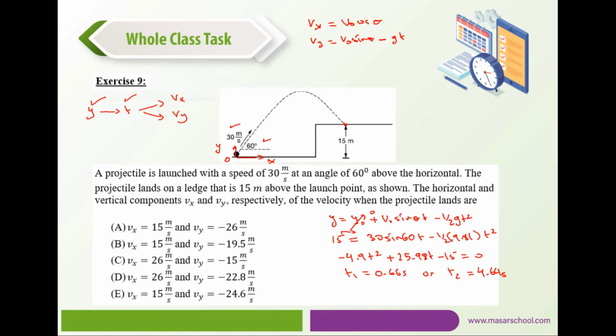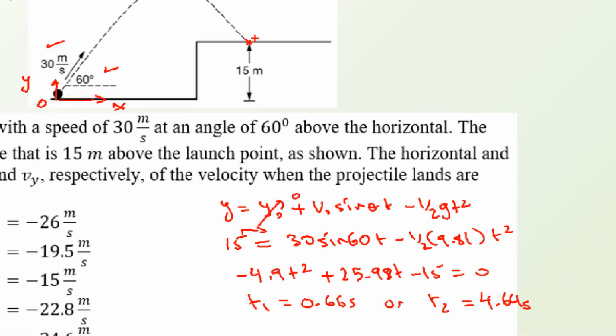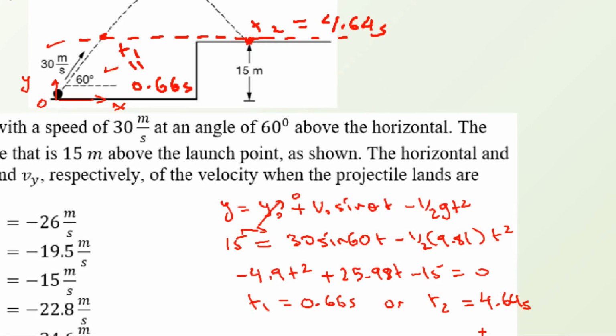For the same height of 15 meters, the projectile will reach a vertical position of 15 meters at two instants, t1 and t2. Because the motion happens from left to right as time evolves, this happens at 0.66 seconds and this happens at 4.64 seconds. Then we assume that the latter is the correct answer.